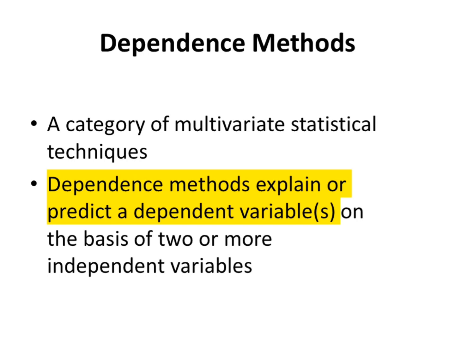In each of these examples, the dependent variable is what researchers are trying to measure, explain, or predict, as influenced by one or more independent variables that are manipulated or observed in the study. The relationship between the dependent and the independent variables is central to the analysis and interpretation of the research results. So that is the use of the dependence method.